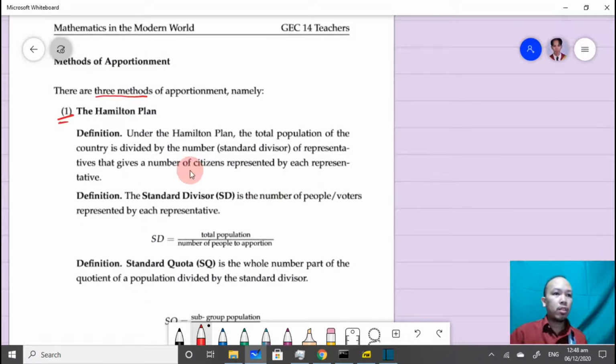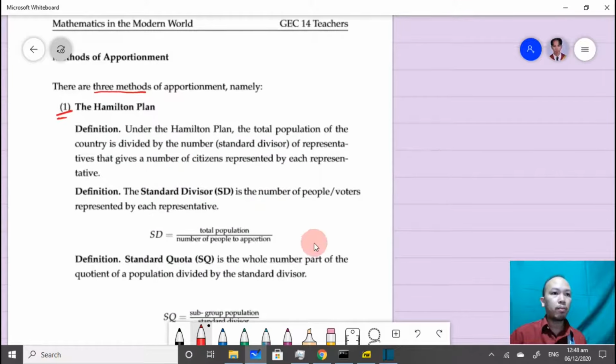First you are going to determine the standard divisor, and then after that get the standard quota. So how are you going to get the standard divisor? All you have to do is get the total population and determine the number of people to apportion, then divide by that one.